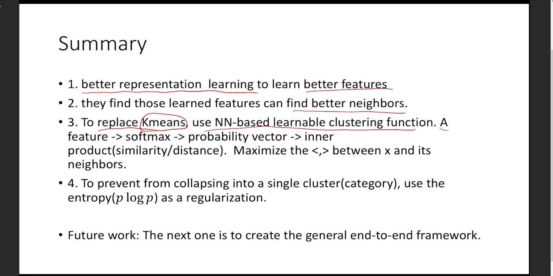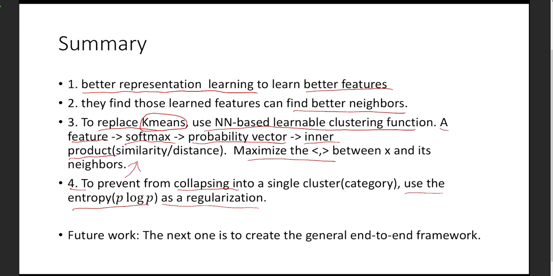Given a fixed feature, they go through a neural network and then the softmax to get the probability vector. Then they use the probability vector with another probability vector from its neighbor to compute the similarity and maximize the similarity between X and its neighbors. Because they need to prevent collapsing into a single category, they use the entropy as a regularization.